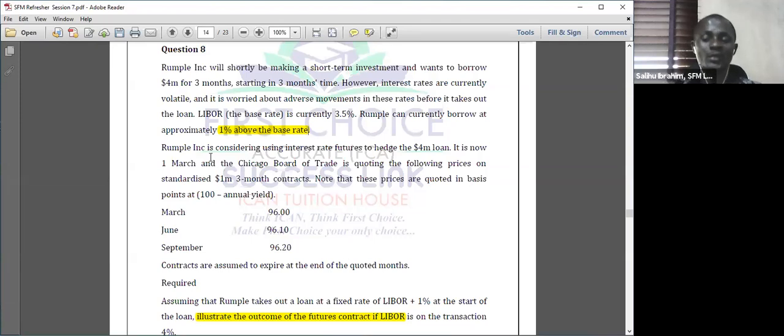Now, what is the difference between interest rate futures and currency futures? I said in currency futures, if you want to borrow, your fear is that the exchange rate will increase, and that's what you want to hedge. And I said there's an inverse relationship between the futures price and the exchange rate.